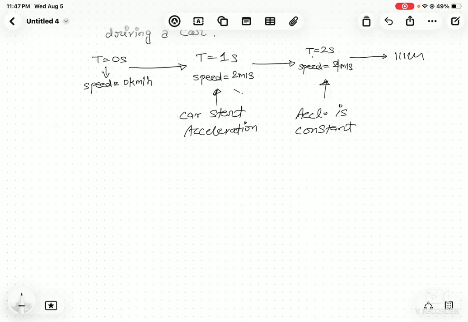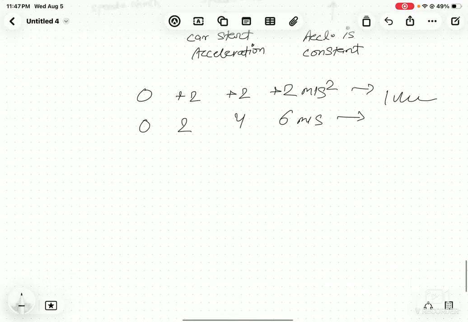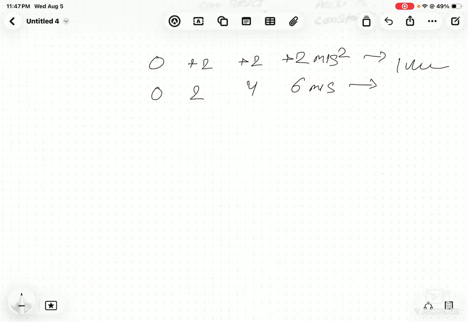After that, we have 0, then plus 2, plus 2, plus 2. So it's accelerating at 2 meters per second squared. So yeah, it's adding 2, 4, 6 meters per second. In that way, we assumed a constant acceleration.